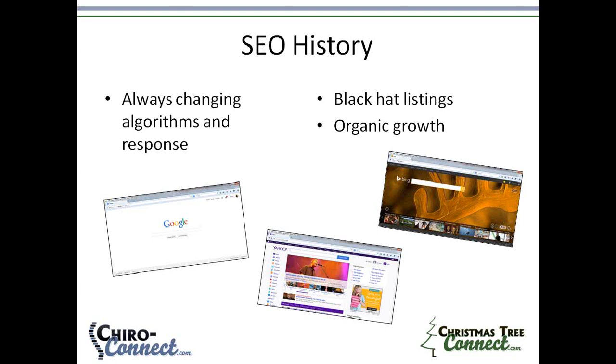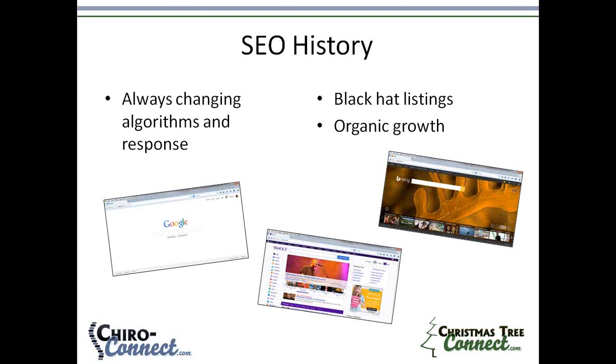And then I just wanted to also touch on what Black Hat is. Black Hat listing is basically a black market side of search engine optimization, which is SEO. What that means is you're trying to go behind the back of Google and trick them into ranking you higher.